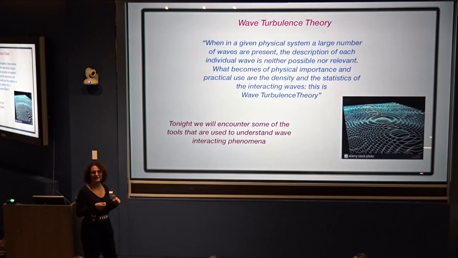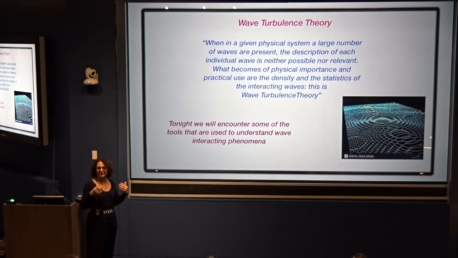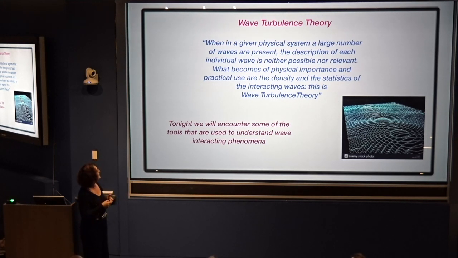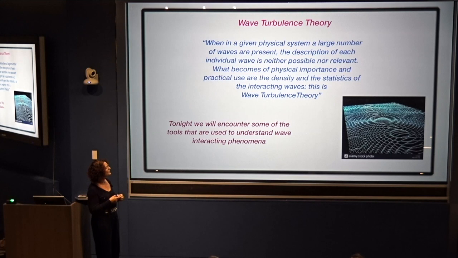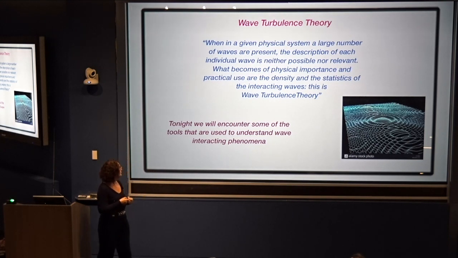What's important is to understand how that interaction produces something that we can see macroscopically, whatever the phenomenon might be. And so what becomes physically important is the practical use, the energy density, and the statistical study of the interaction of waves. And this is what, for this lecture, will be the meaning of wave turbulence theory.